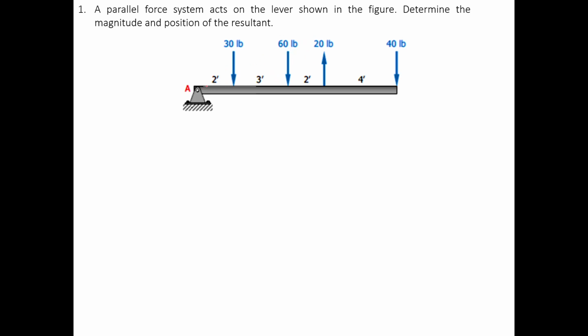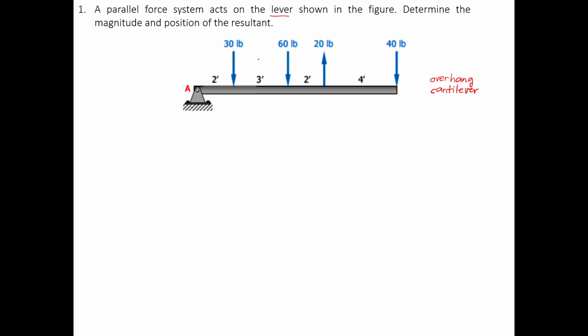So we have a parallel system here with three forces going downward, and we have point A here. This can also be called an overhang or a cantilever, so that's why it's also a lever here.